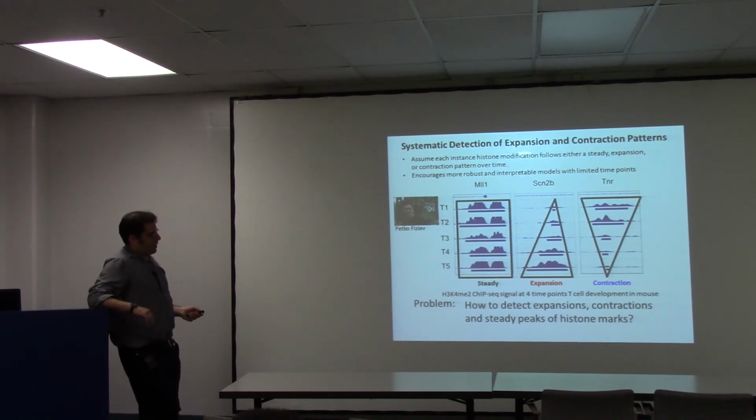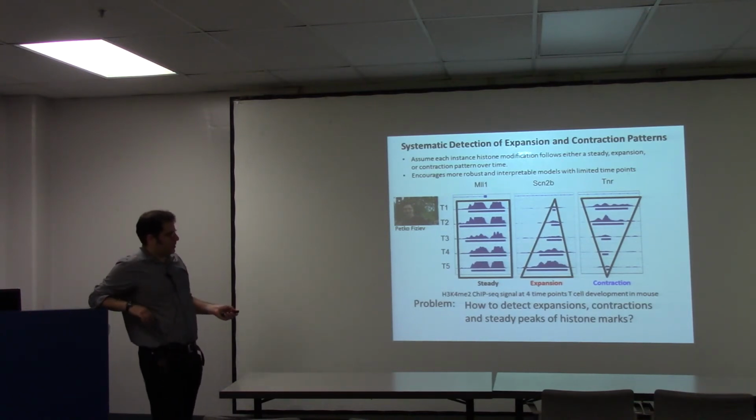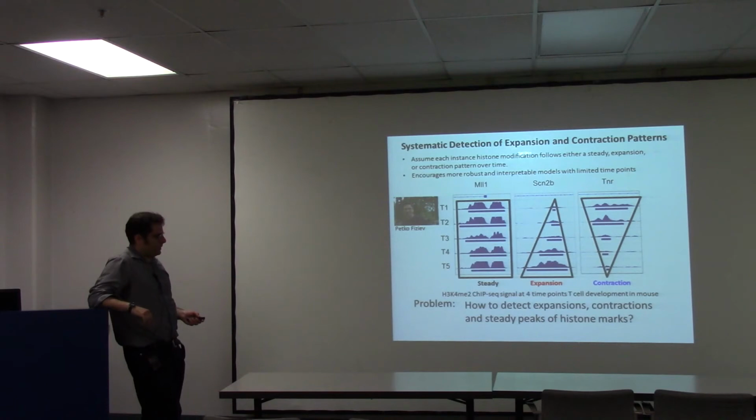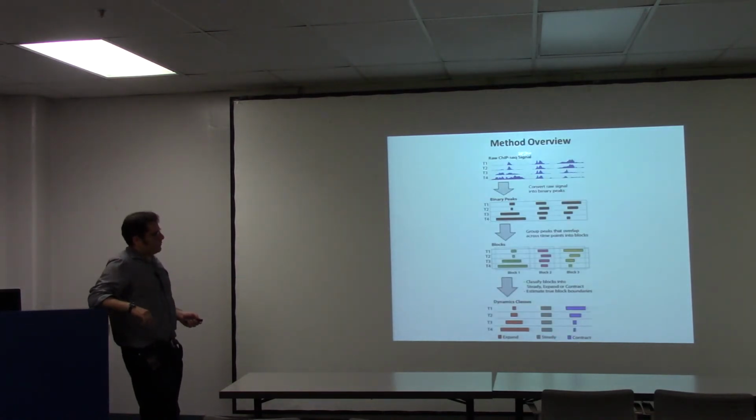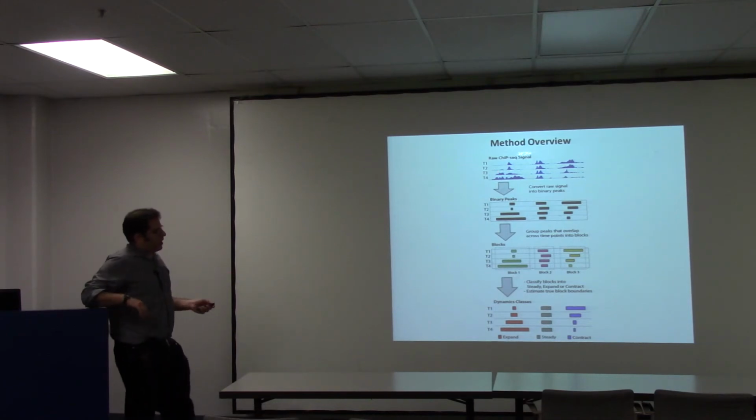So the question is, how can we, in a systematic way, go from this time series of ChIP-seq data to classifying and identifying these different types of patterns, whether places are steady, expansions, or contractions. This is showing you at a high level how the approach works. We start with ChIP-seq signal, working one mark at a time.